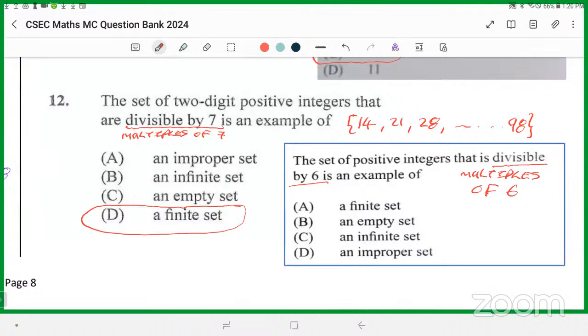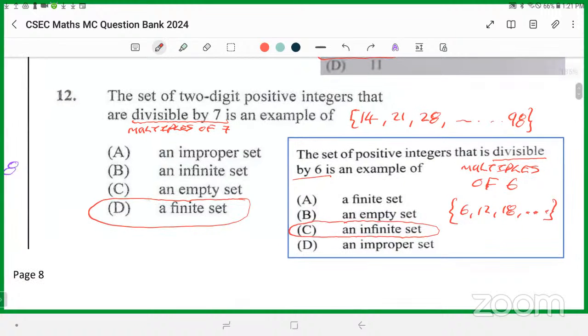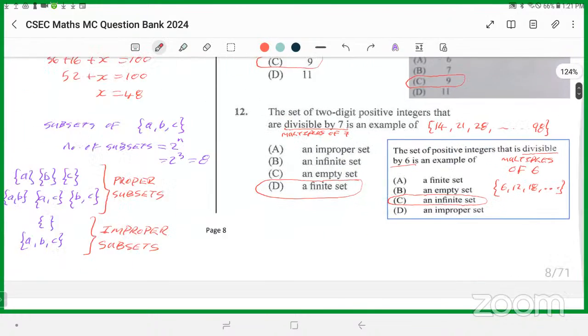There's no end to the multiples; they go on and on forever. So the answer for this one will be an infinite set. Multiples of 6 would start from 6, then 12, then 18, and go on and on like that. That's why you normally write an infinite set and end it with 3 little dots, meaning that it goes on and on forever, to infinity. So I say infinite goes on to infinity. All right, that is that one. So far so good?